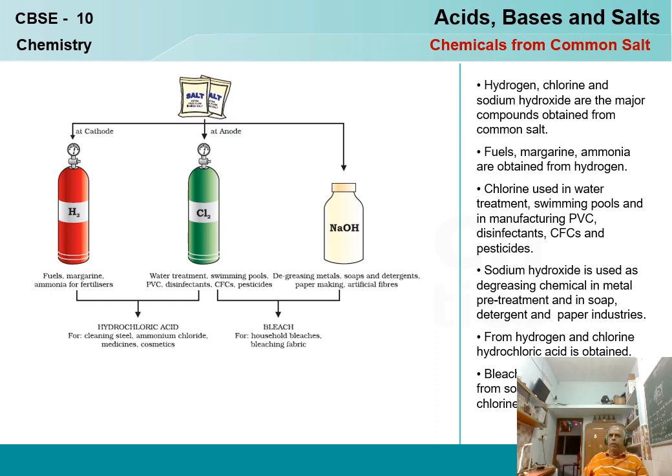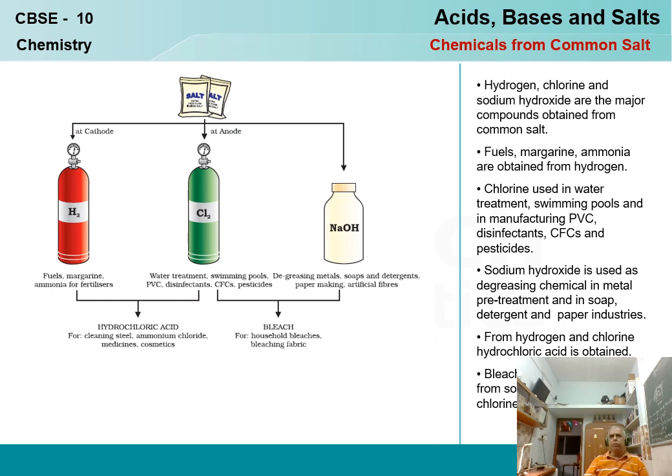This is used as a degreasing chemical in metal pre-treatment also. So if you want to clean the metal which is oily and greasy, then we can make use of this degreasing chemical containing caustic soda, that is sodium hydroxide. And this is also used in the soap and detergent industries and in paper industries also.